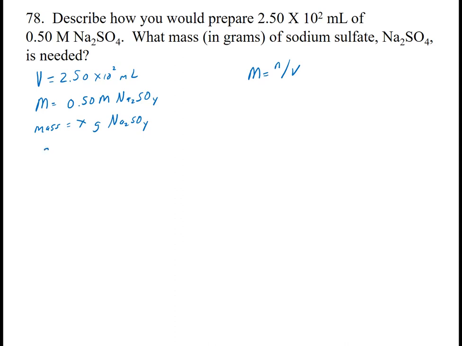So I take the 2.50 times 10 to the second milliliters, and the conversion is that 1 milliliter is 1 times 10 to the minus 3 liters. So it's going to be 0.250 liters. So I have 0.50 is equal to n divided by 0.250.